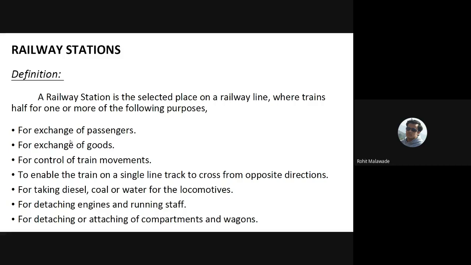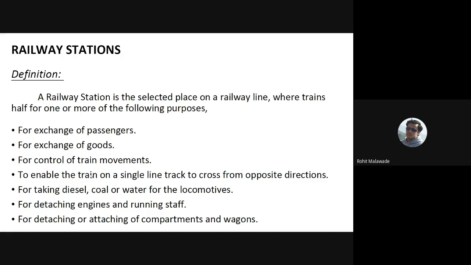So this is what the exchange of passengers is. Now, exchange of goods. With the railways, not only are we moving passengers, we are also carrying goods from one place to another. The exchange of goods will be done from these railway stations.